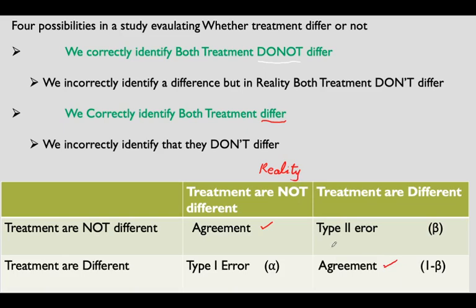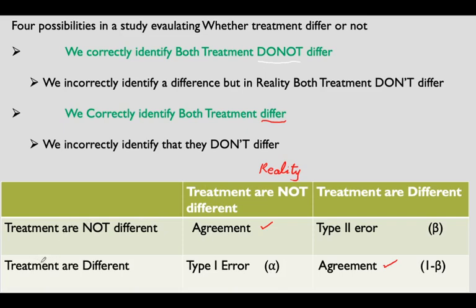What if we are incorrectly identifying that the treatments are different? If we identify the treatments as different when they are not, that is type 1 error, and it is reported as alpha. It is usually written with a p-value of 0.05 or 0.01. 0.05 means that out of every 20, one may have a probability of getting these findings wrong.